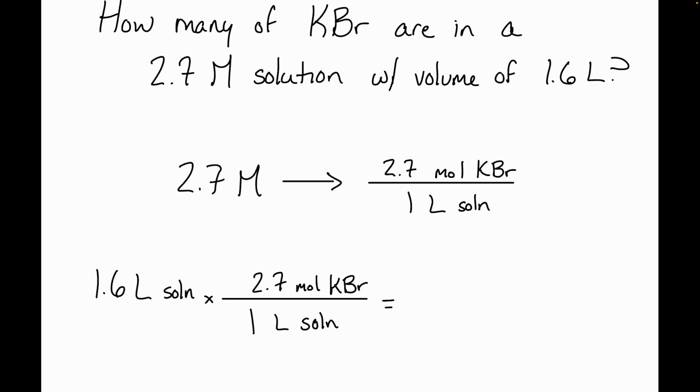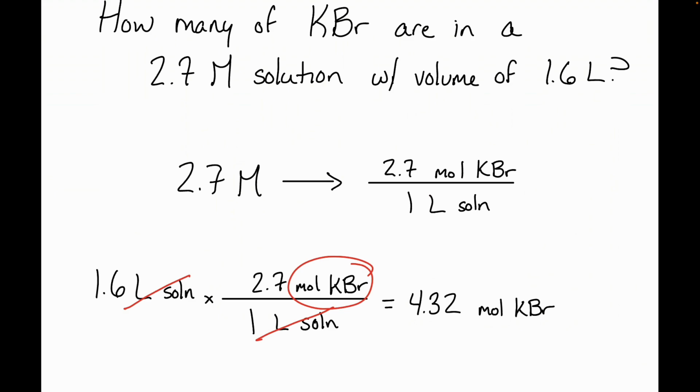All right, so 1.6 times my 2.7, I get 4.32. And what are my units? Liters have canceled out, so I'm left with moles of KBr. So again, just paying attention to our units lets us know that we're set up correctly.